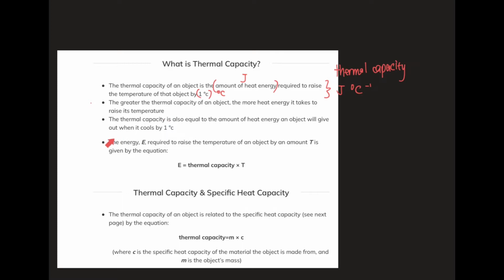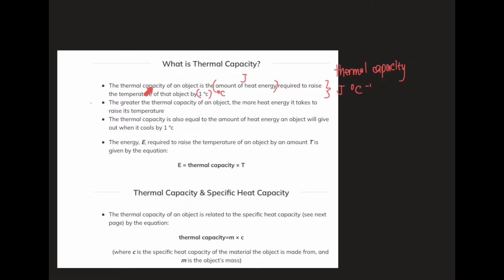Okay, so the thermal capacity is also equal to the amount of heat energy an object will give out when it cools by 1 degree Celsius. So this is the opposite situation. That means if you heat up the object by 1 degree Celsius, the amount of heat energy absorbed is the thermal capacity.